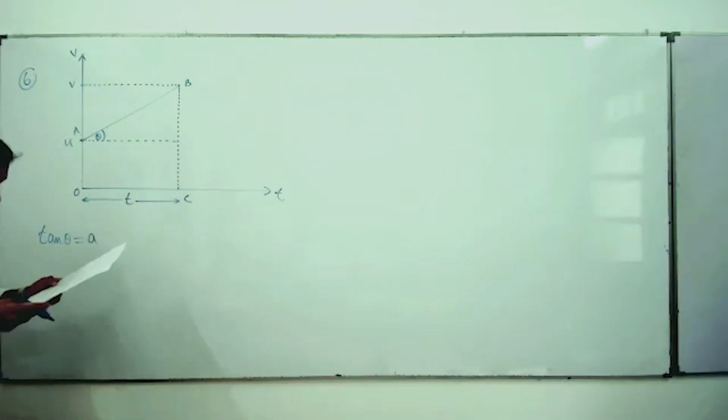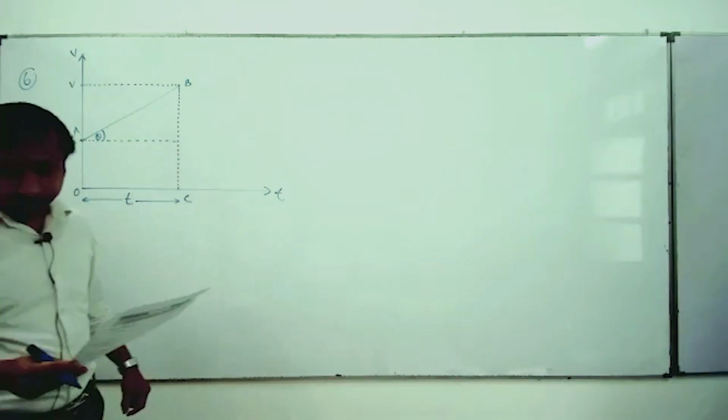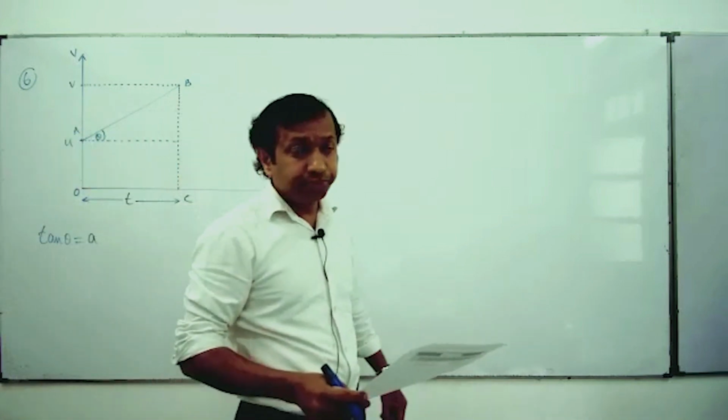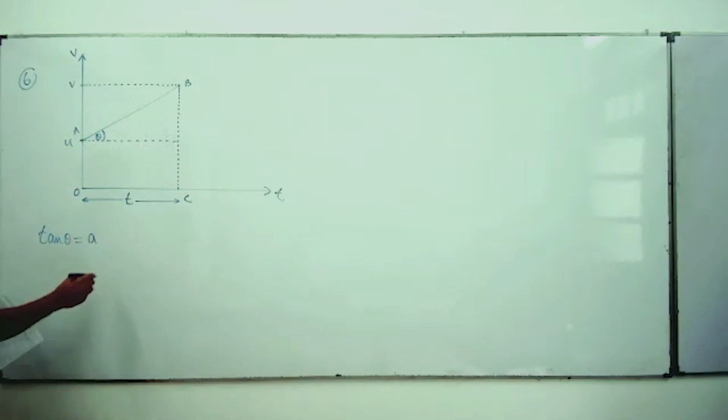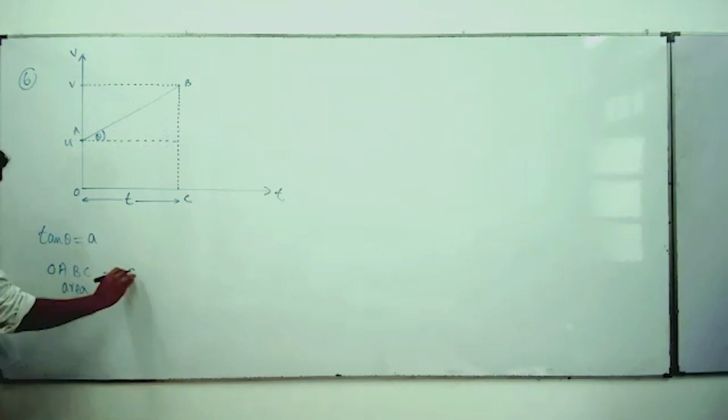We are asked to obtain the equations of motion. You know this OABC area gives us the displacement traveled, s. But OABC is a trapezium.